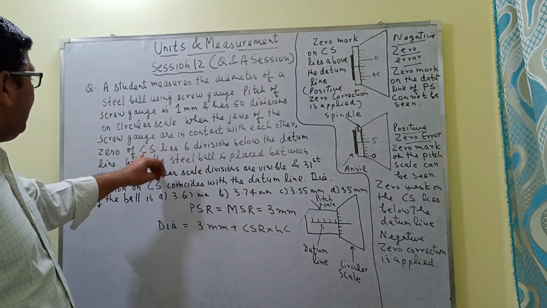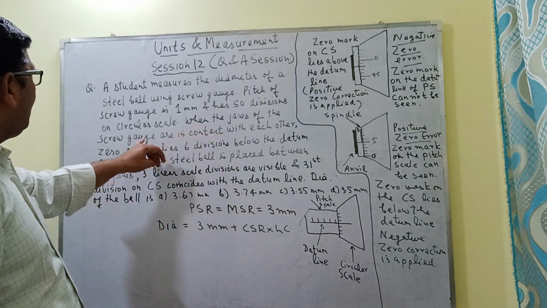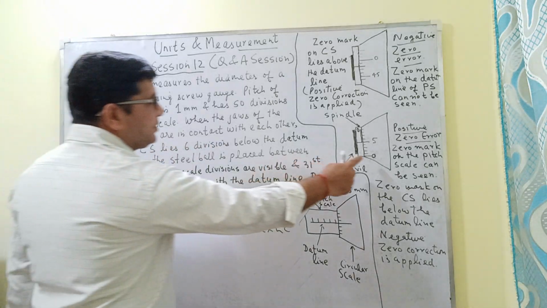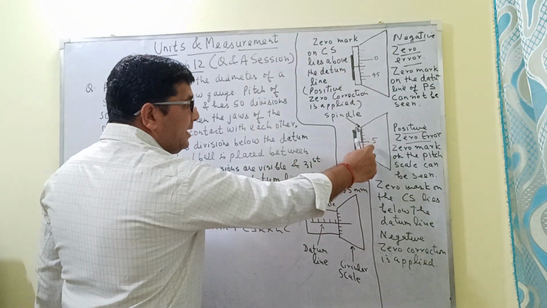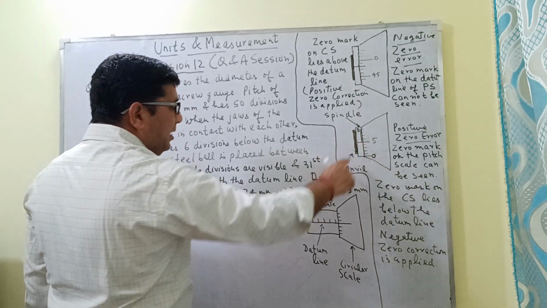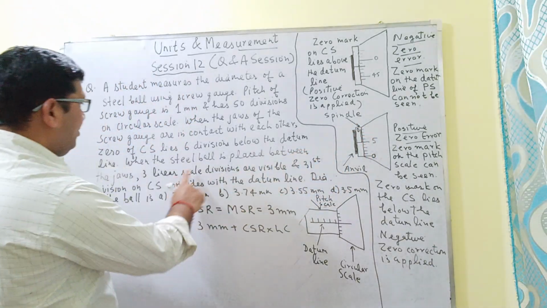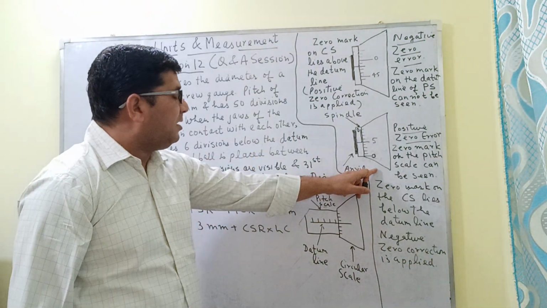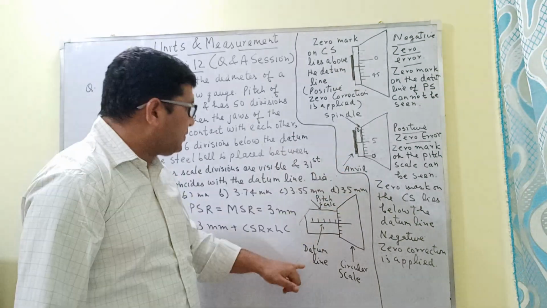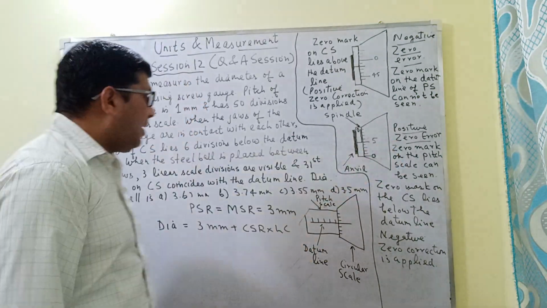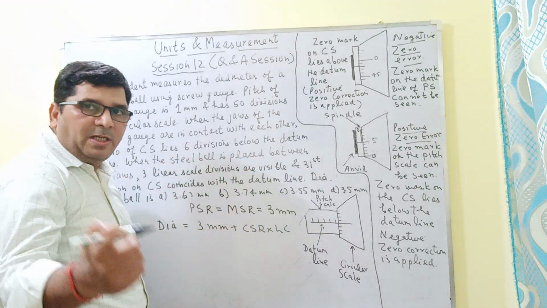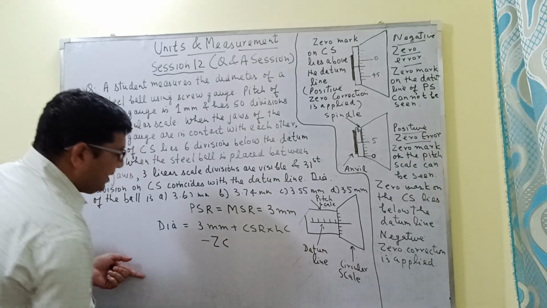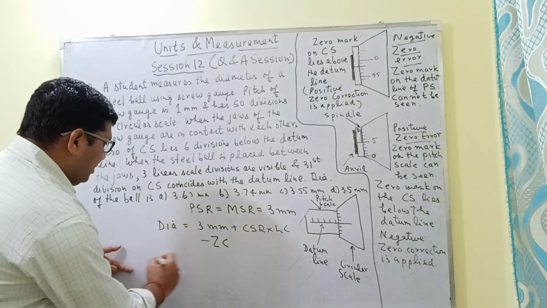Now, in this case, when the jaws of the screw gauge are brought in contact with each other, the zero of this circular scale is lying below the datum line of the pitch scale. इसका मतलब क्या हुआ? The meaning of this is that this instrument has got a positive zero error. So in this case, we will be applying the negative zero correction, that is minus ZC, where ZC is the zero correction.